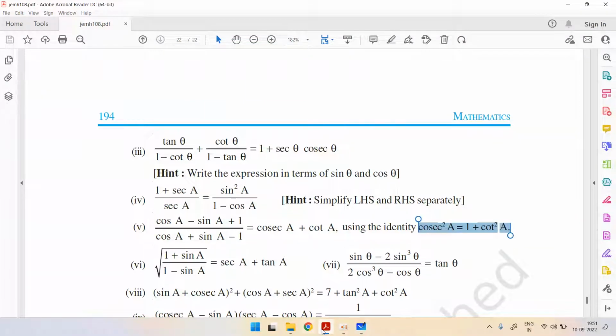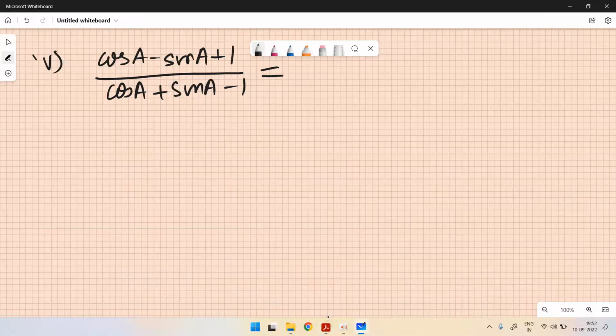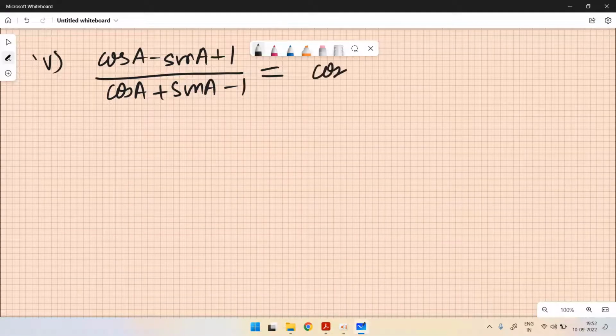Now you need to prove this is equal to cosecant A plus cot A.